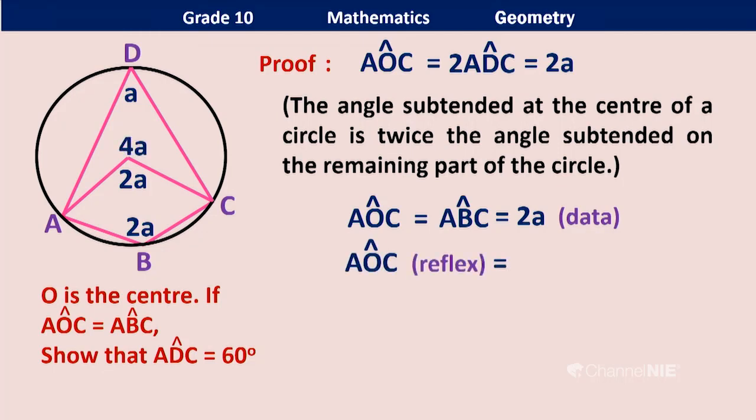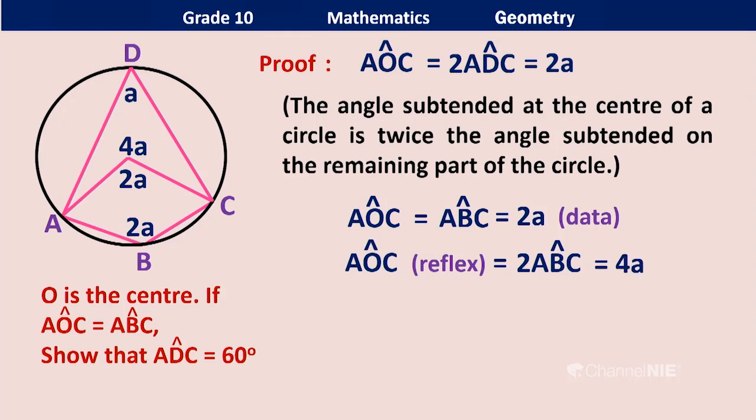Now, what I am going to do is consider the AOC reflex angle. When I consider the AOC reflex angle, that is equal to twice the ABC angle. We already know that the magnitude of ABC angle is taken as 2A. So, twice of it should be equal to 4A.